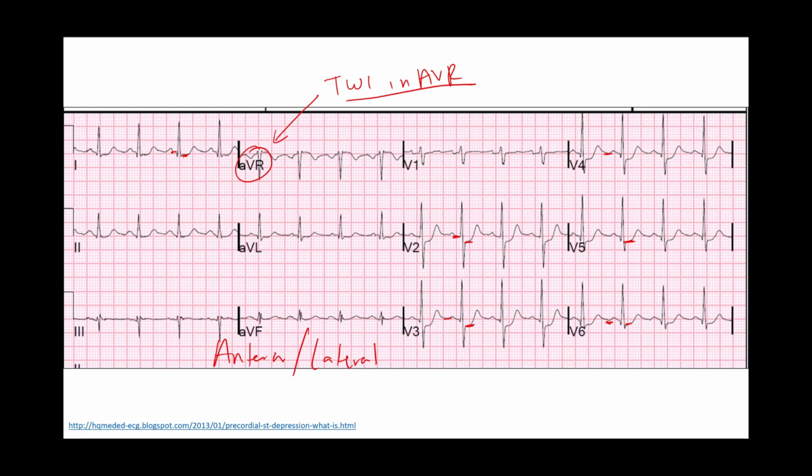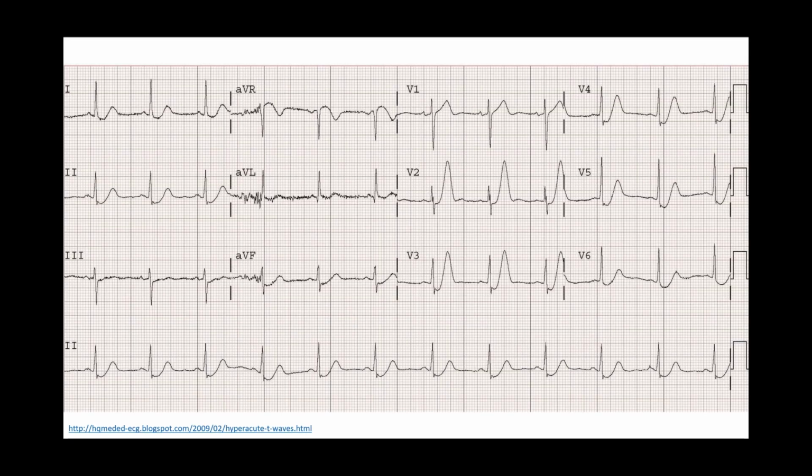Ultimately, this is not diagnostic, but suggestive of disease of the LAD for sure, and maybe even the left circumflex artery. I do want to note that ST depressions seen in the precordial leads in this fashion can be seen in other conditions as well, such as left ventricular hypertrophy or left bundle branch blocks. We'll talk more about those in our following videos on conduction abnormalities and structural abnormalities.